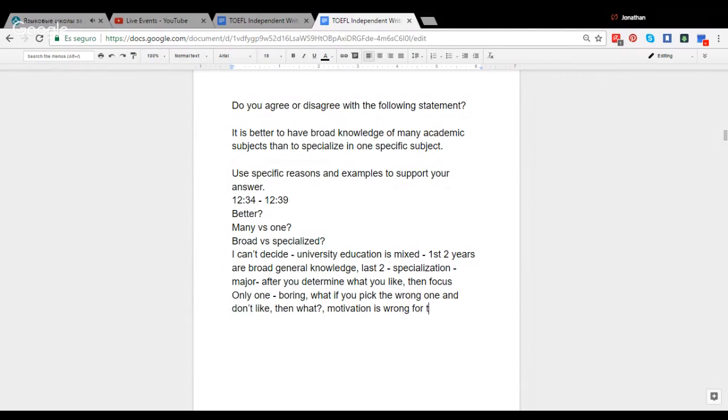For example, let's say parents had too much influence, or the market says you'll get a lot of money if you study this job, and then there are no jobs after you finish your studies, and then you realize, okay, I shouldn't have studied that. I should have studied my passion.